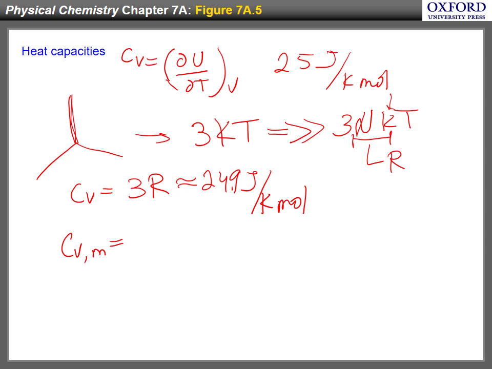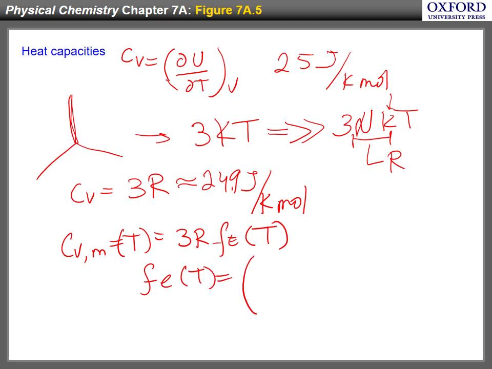So basically, Einstein derived the following, that Cv,m as a function of T equals 3R times a function of energy as a function of T.